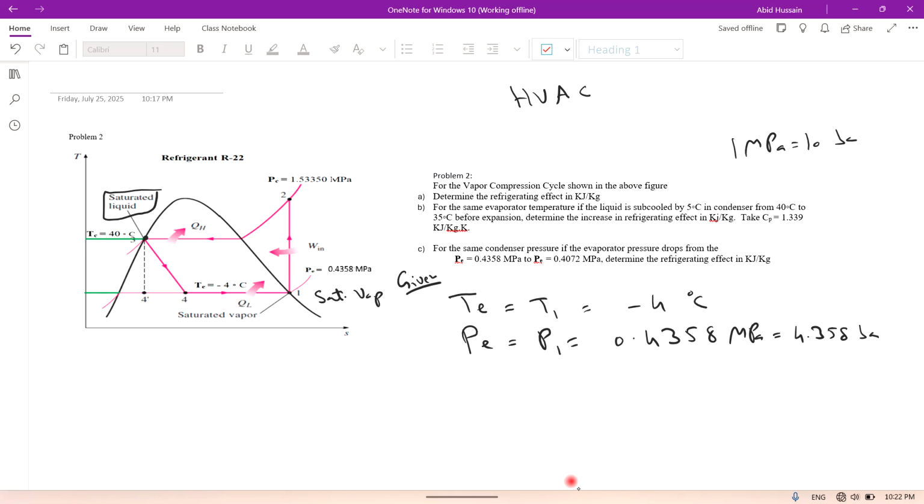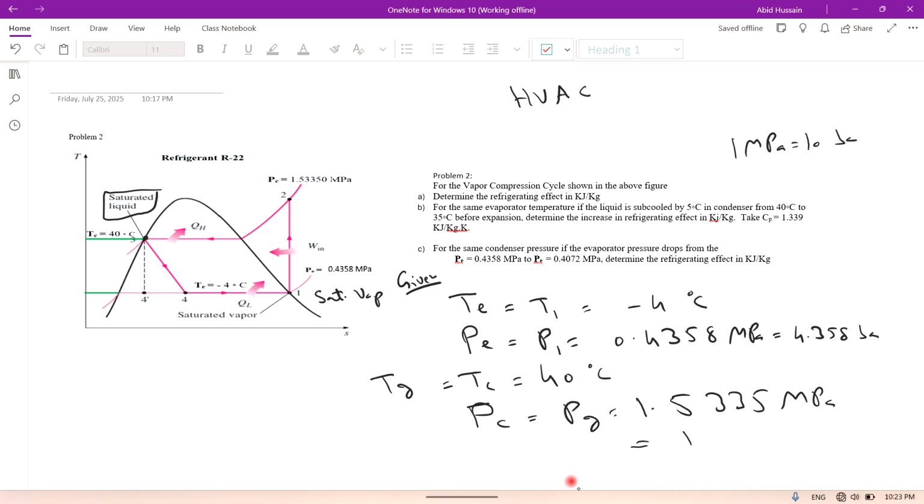And temperature in the condenser TC is given as 40 degrees centigrade, and this is equal to T2. And pressure in the condenser, which is P2, is 1.5335 megapascal, and in bar this will be equal to 15.335 bar.